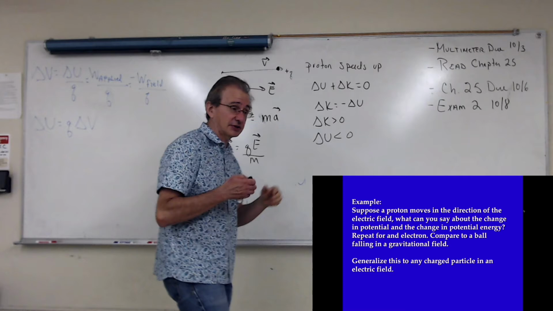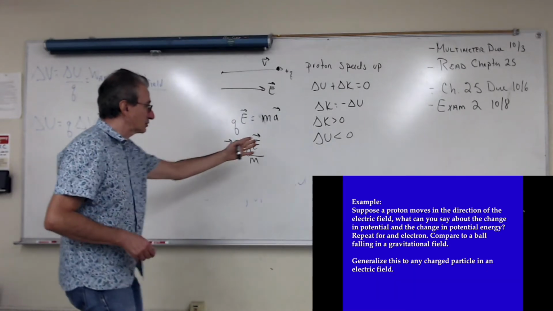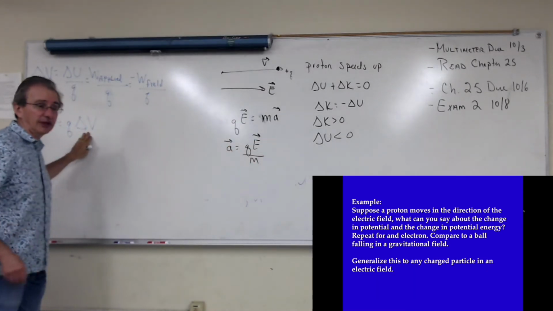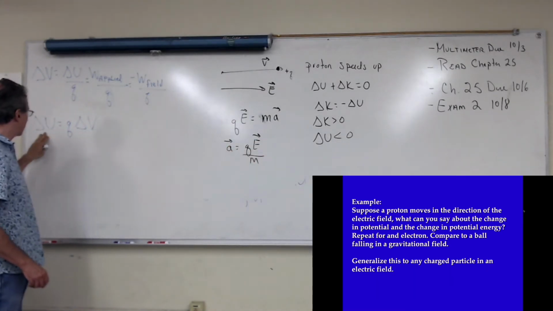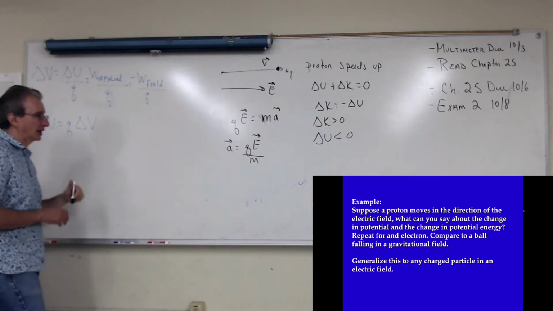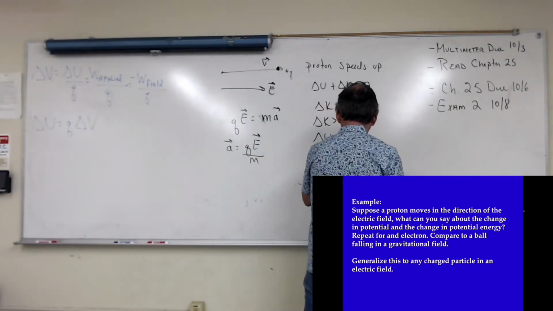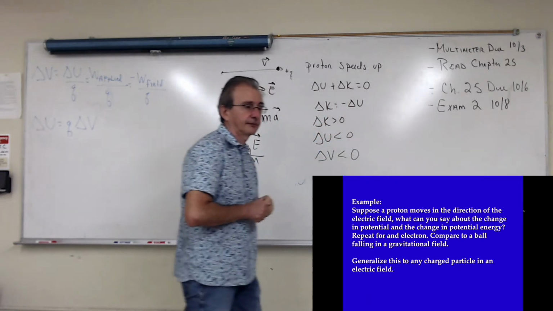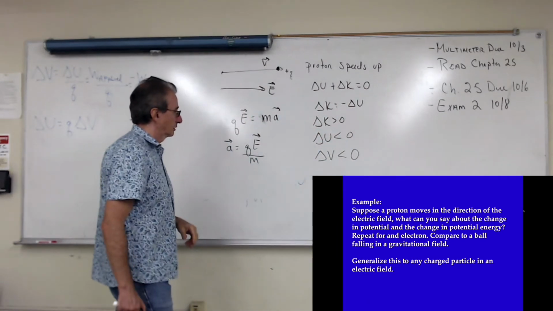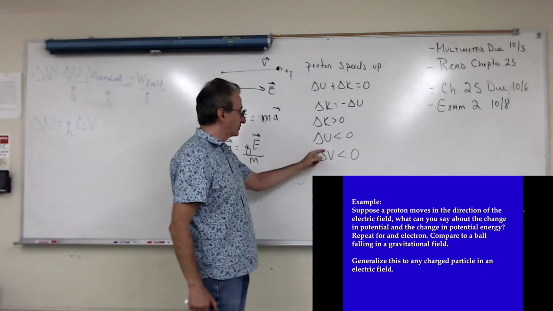So the next question is, if delta U is less than 0, what about delta V? Well, this is negative, this is positive, so this has to be negative. So V is going to decrease.